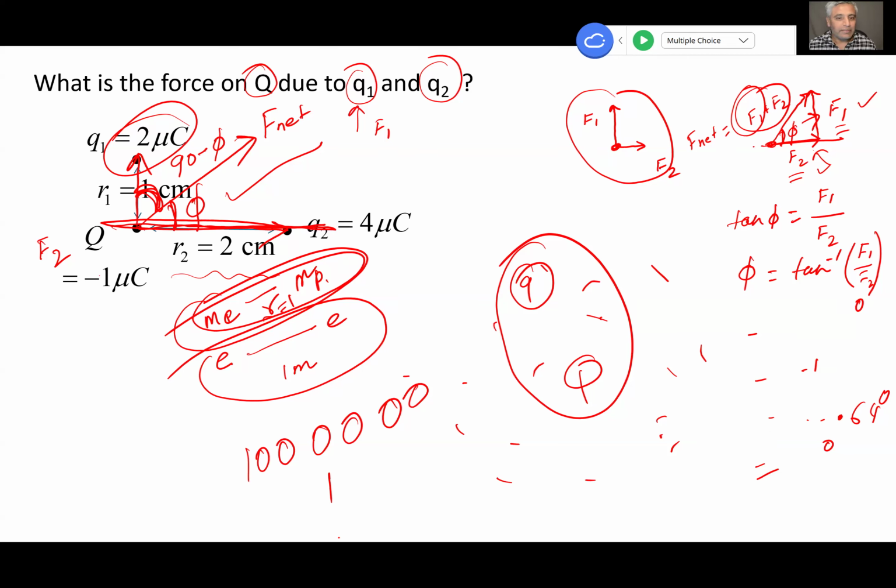I may buy a couple of apples out of that. Lot of value there. But when I have 1,000,000 already, I'm not going to say I have 1,000,000 and $1. I'm just going to say $1,000,000. Kind of same idea. Electric force between them is so strong, we don't even care about the gravitational force in most cases, okay? Unless you are specially asked to do it.